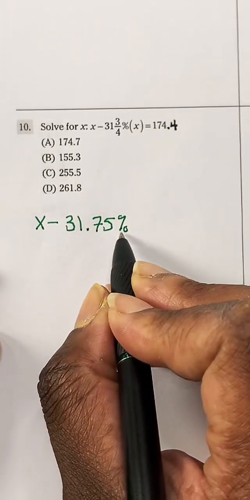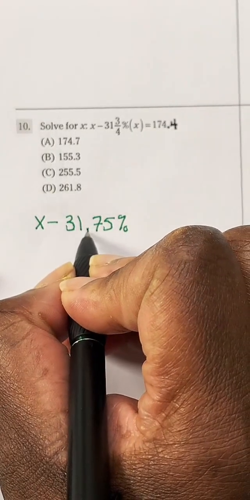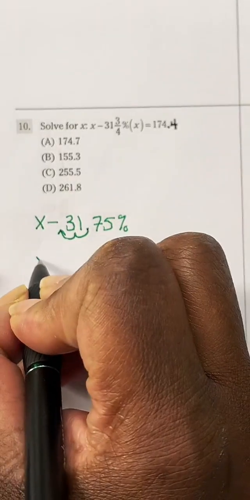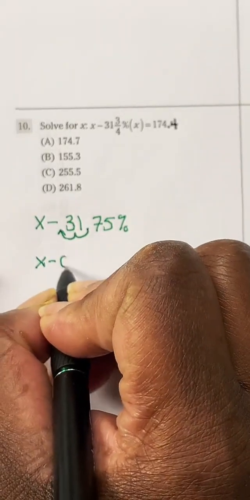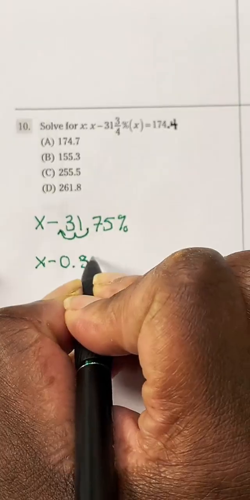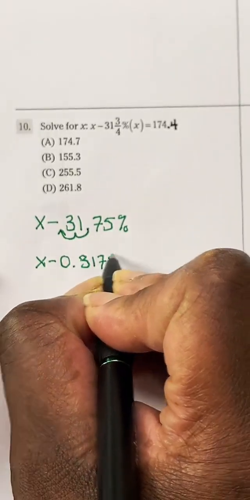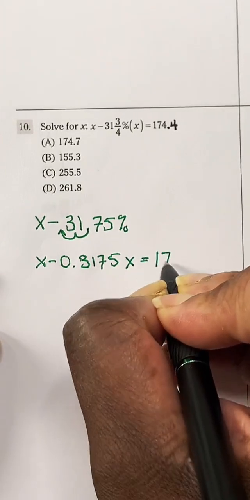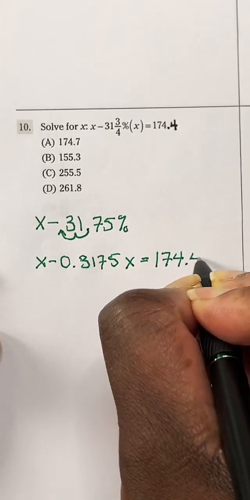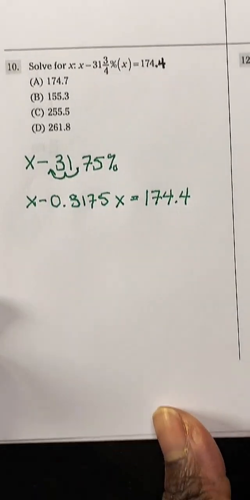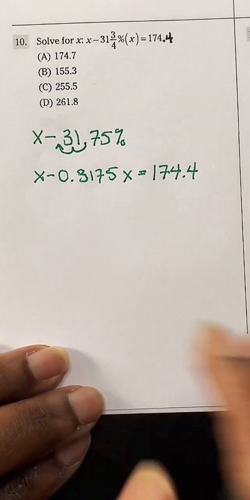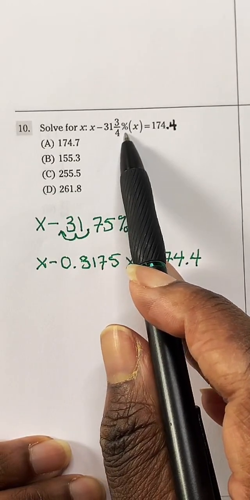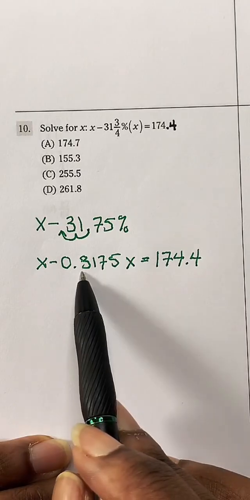So we need to get rid of this percent. So that means I need to move this decimal place over 2 times. So it's actually going to be x minus 0.3175 x, and that's going to equal my 174 and 4/10. Okay. So since they were asking for a percent, we need to change that percent to a true decimal.